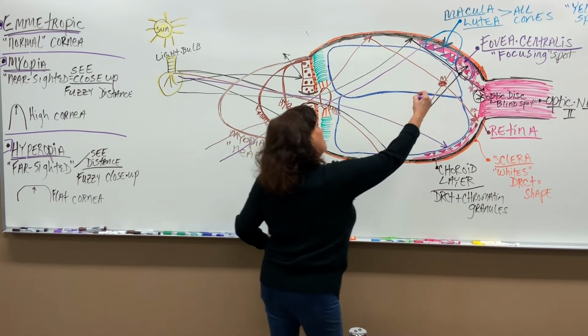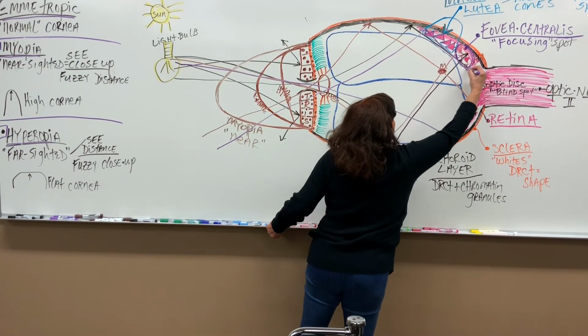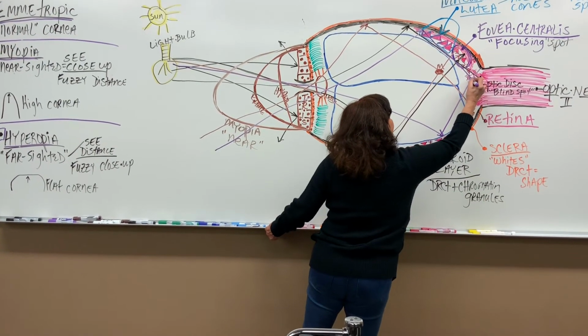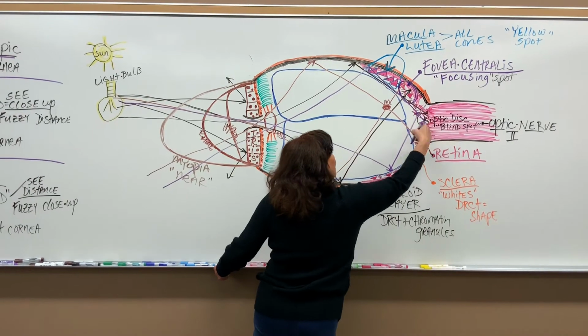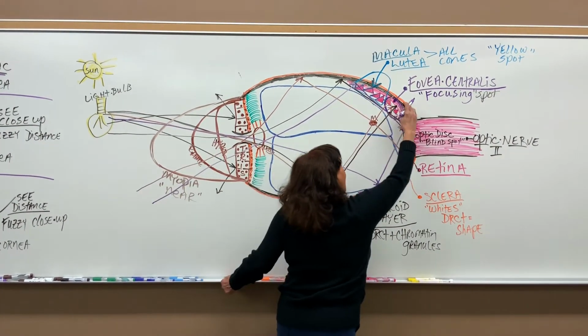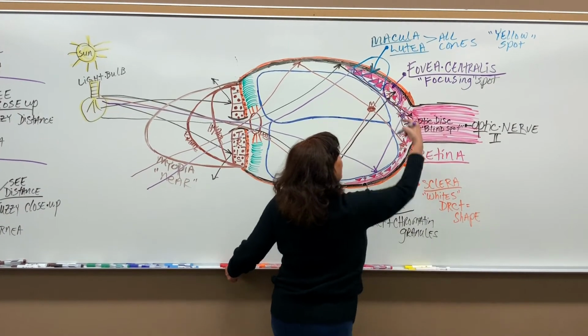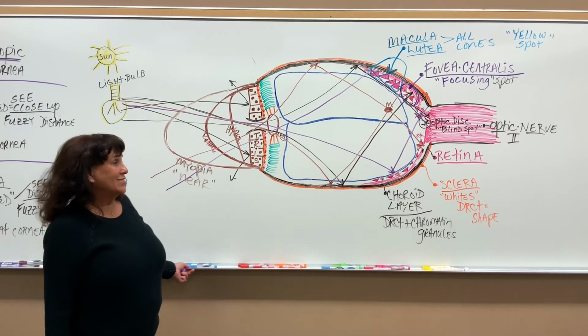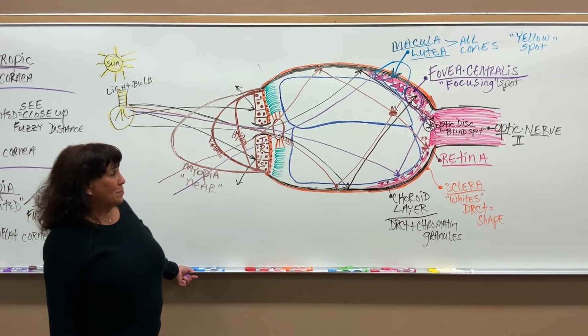And then they're gonna bounce off one more time, like this. And my gosh, they intersect way back behind the fovea centralis, almost to the optic disc. And so way far back.